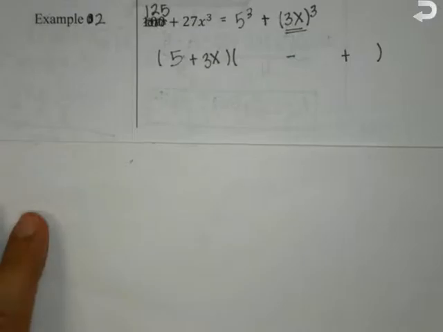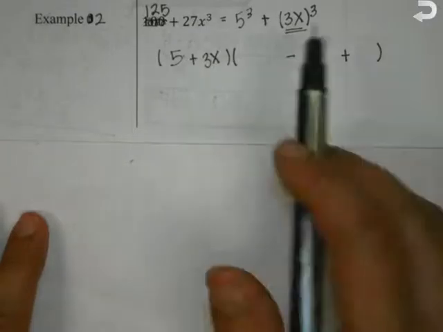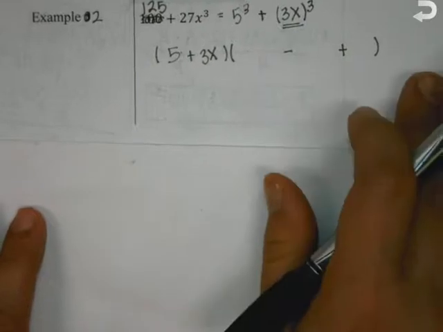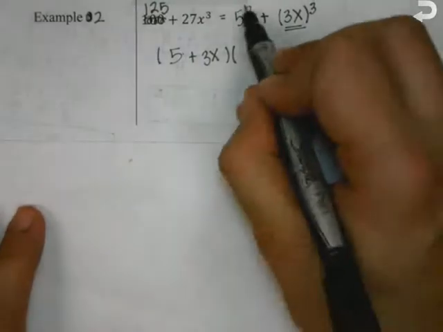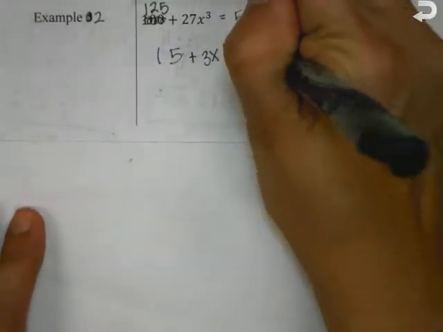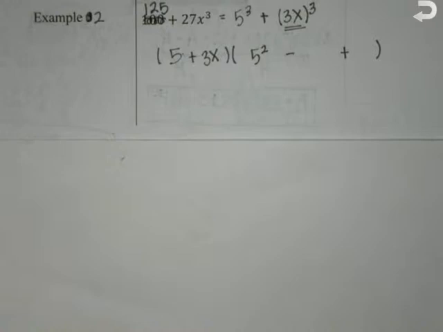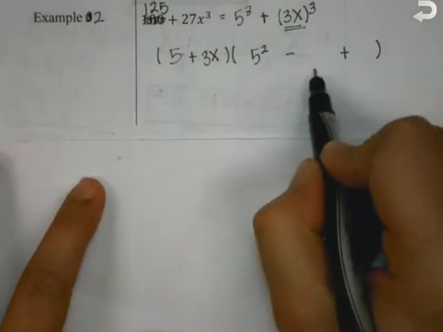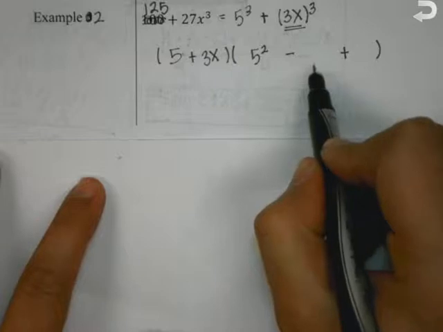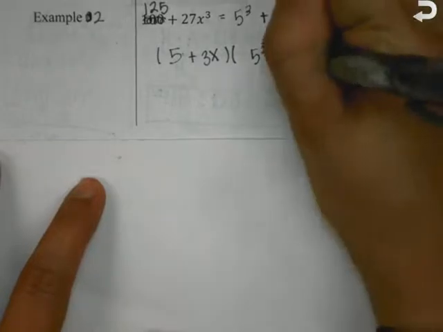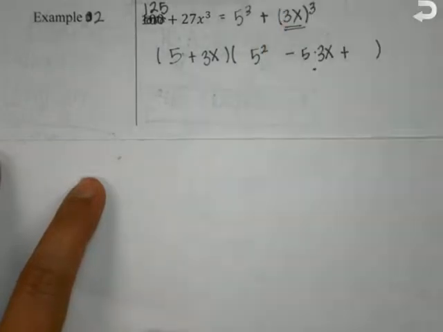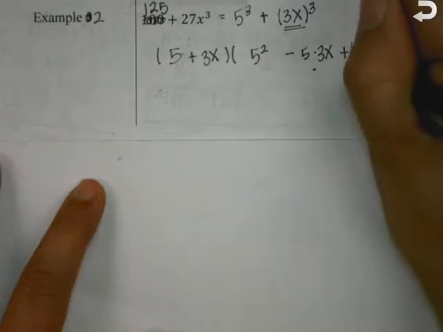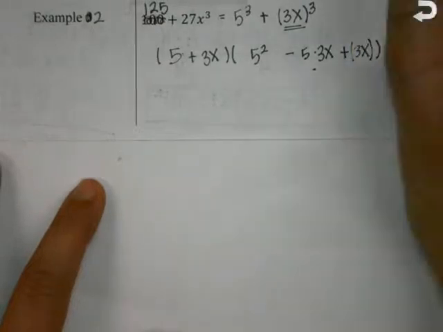Next blank, the first one in the bigger parentheses, is base 1 squared, so that's 5 squared. Second blank in the big one is multiplying the two together, so 5 times 3x. And then the last one is 3x, base 2, all of that squared. So make sure that you stick it inside of parentheses, please.